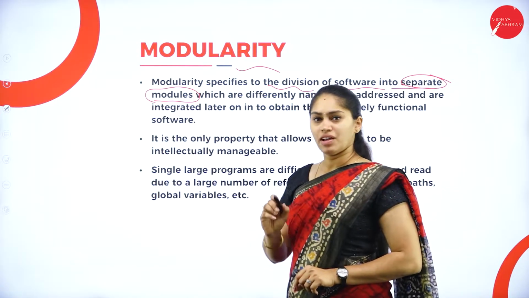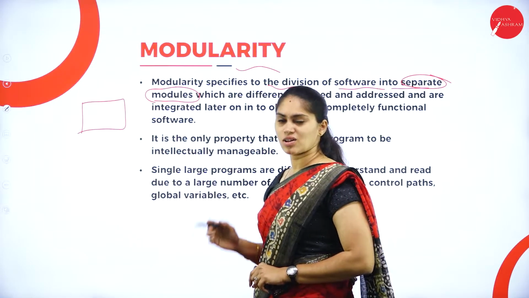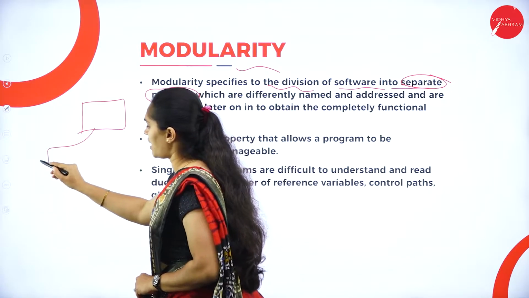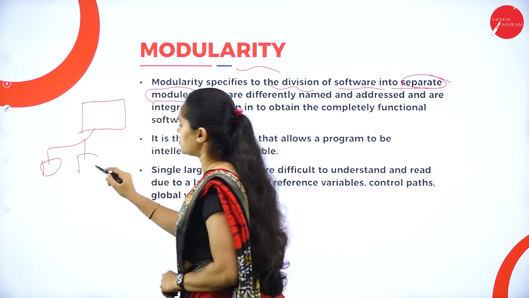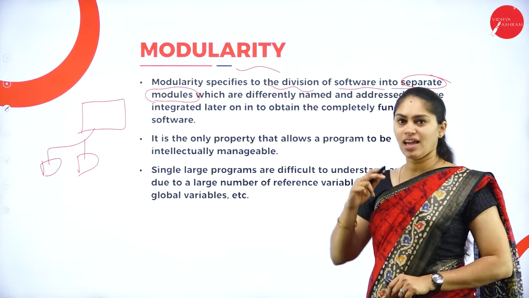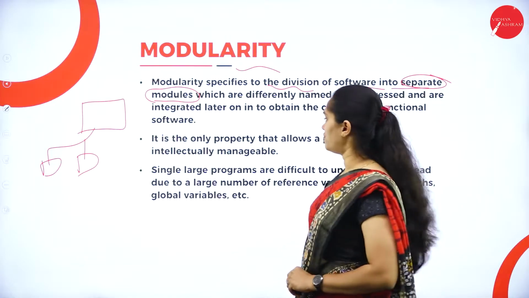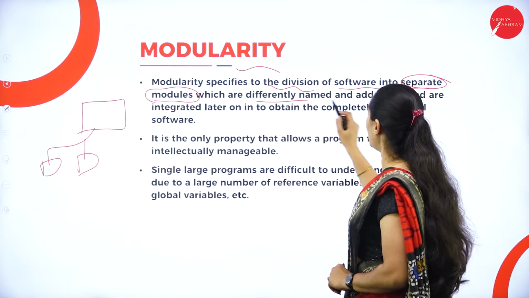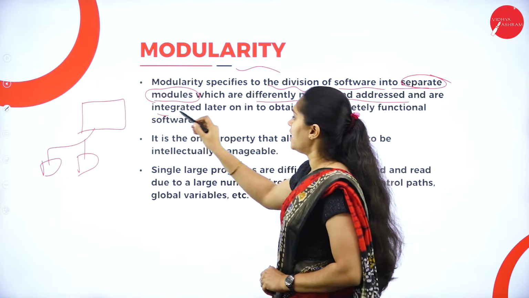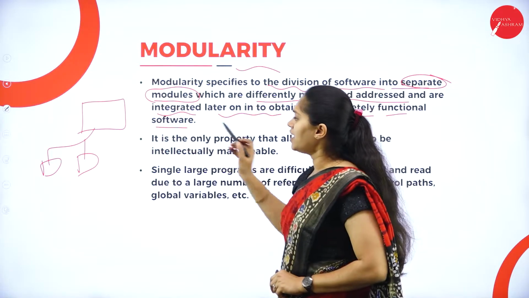We are not considering the complete software as one task or module; it needs to be divided into a number of sub modules. Why do we have to do that? Mainly to reduce the complexity in order to improve the efficiency and effectiveness of the software. The modules are differently named and addressed, and are integrated later on to obtain the completely functional software.